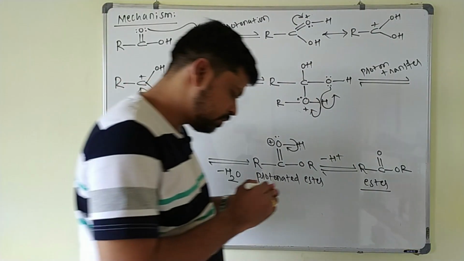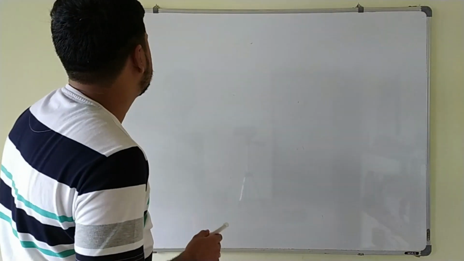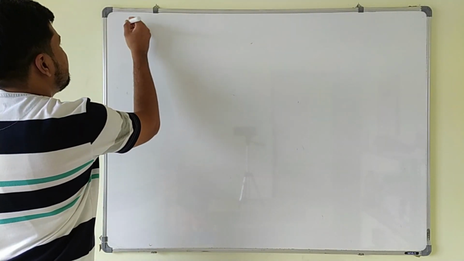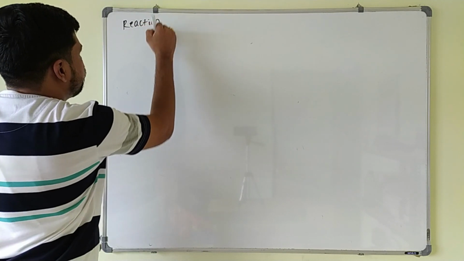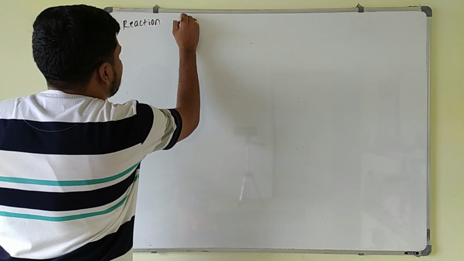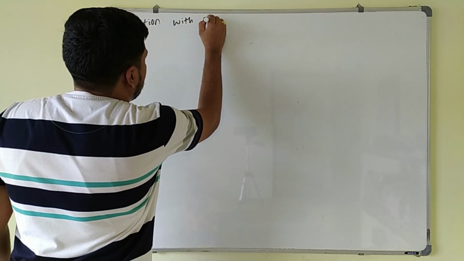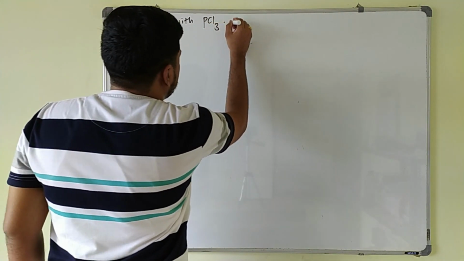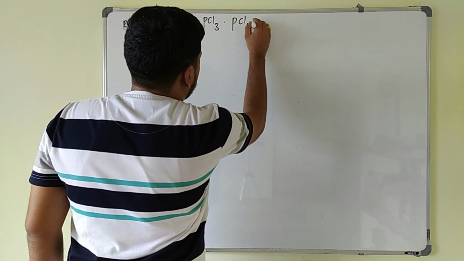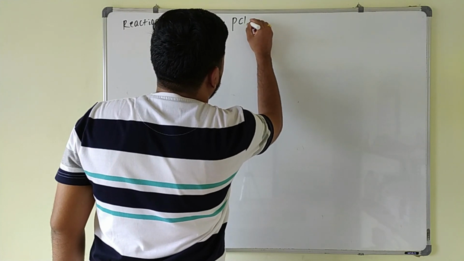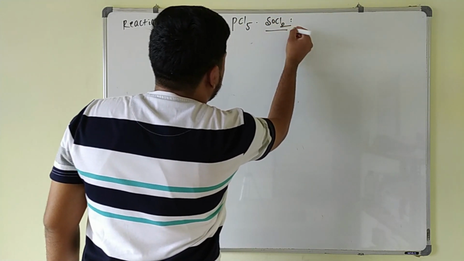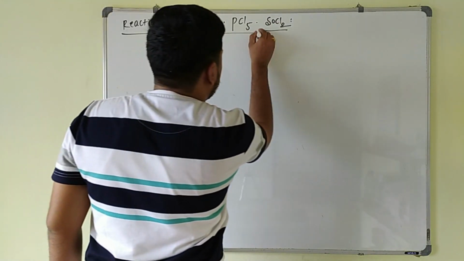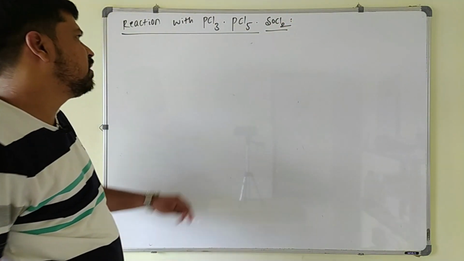Next point. So now we will discuss reactions of acid with PCl3, PCl5 and SOCl2. Reaction with PCl3, PCl5 and SOCl2. SOCl2 is nothing but thionyl chloride.